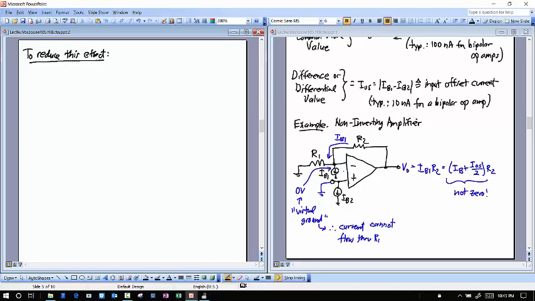So let's show this here. So we want to add a resistor to the positive input. So here's the circuit we'll be looking at.